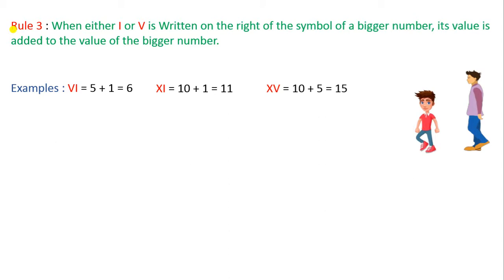So the number is 10 plus 5, that is 15. Oh, you are right Rahul. Okay, here are some more examples for rule number 3, and you can make some examples like this.